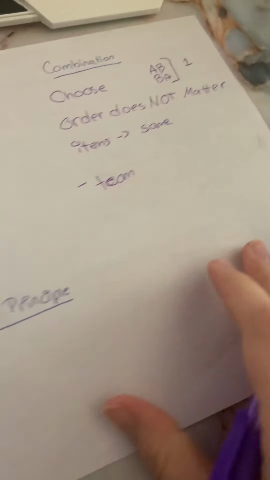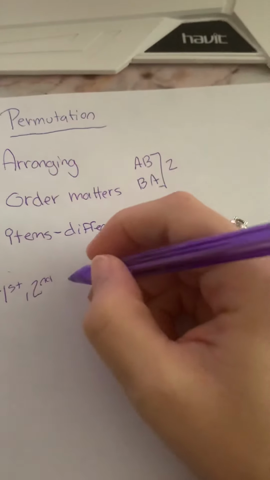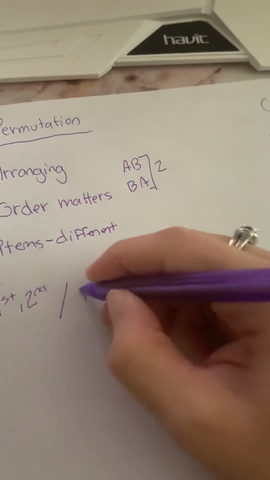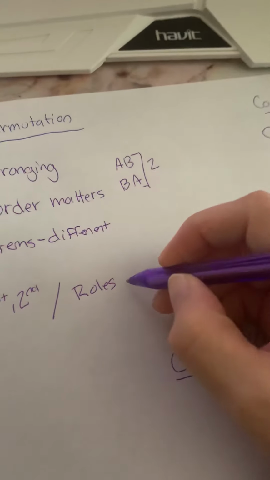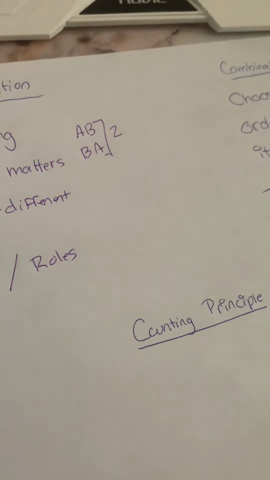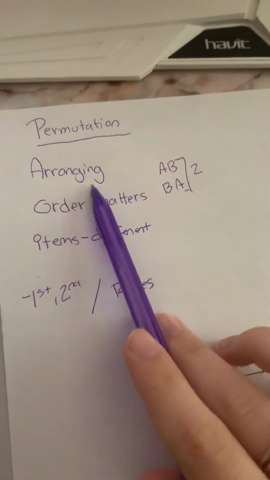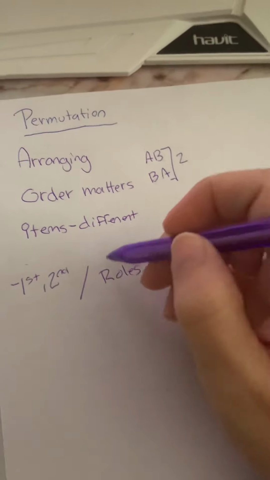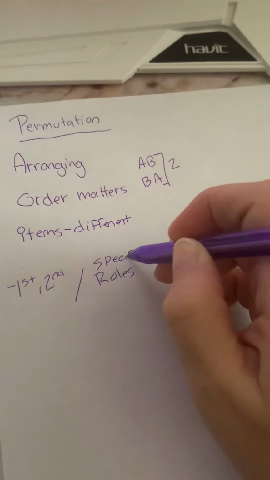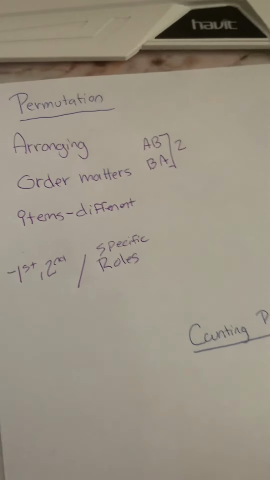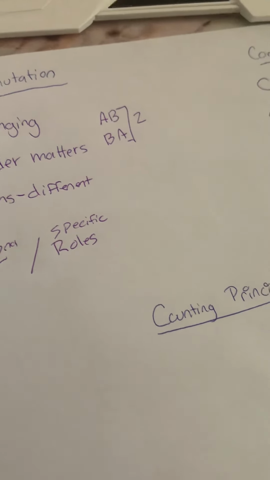Something else, if you're doing roles in a play, like vice president, president, secretary, those would be examples of permutations if you're getting a specific role, right? Specific roles would be a permutation.